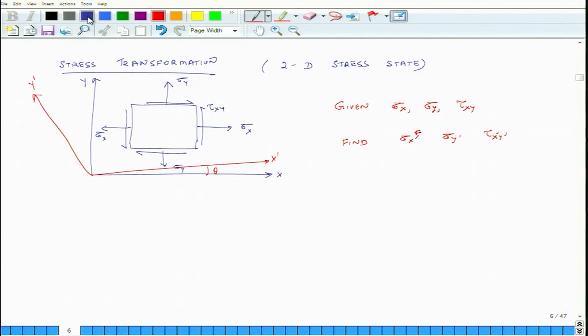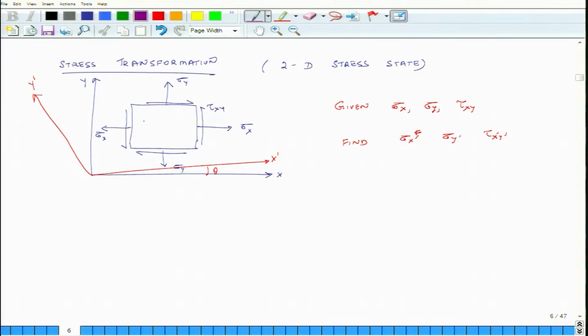So, what does that mean? What that means is that here in the rectangular block, the top surface and the bottom surface were aligned with the x axis and the vertical surfaces were aligned with the y axis. But now what I am interested in finding out is the stress in the rotated system.